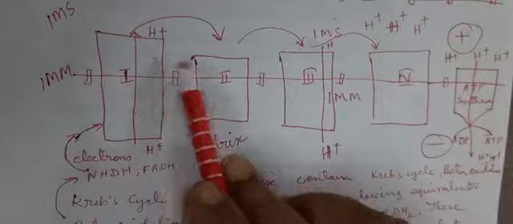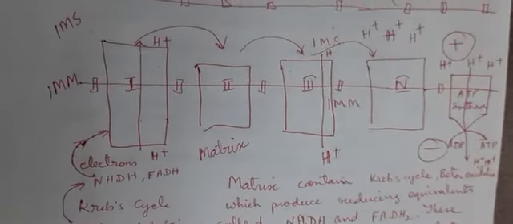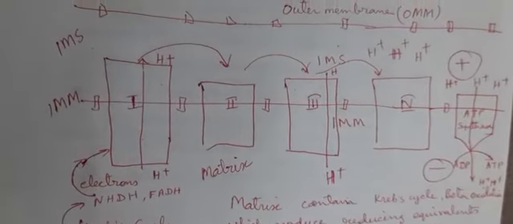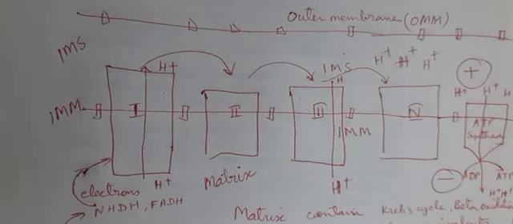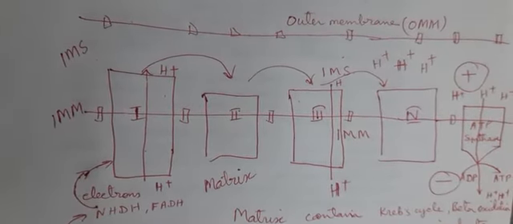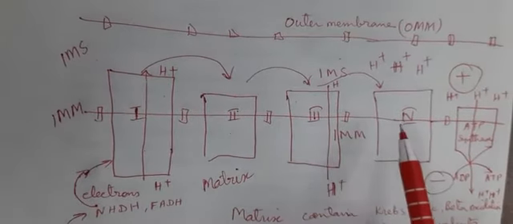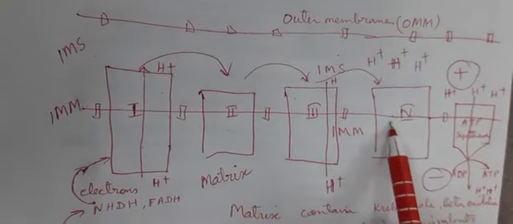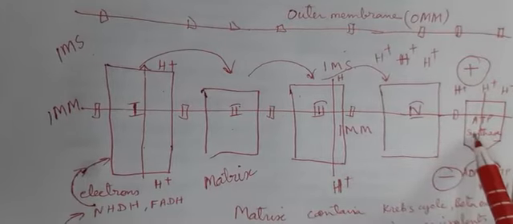So these enzyme complexes are embedded in the inner mitochondrial membrane. Of these respiratory chain enzyme complexes, 1, 2, 3 and 4 belong to the ETC, that is electron transport chain, but the 5th one belongs to oxidative phosphorylation.